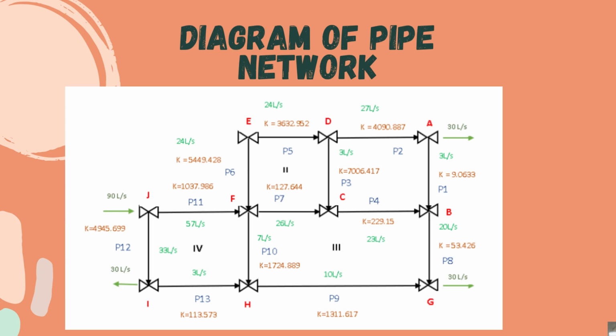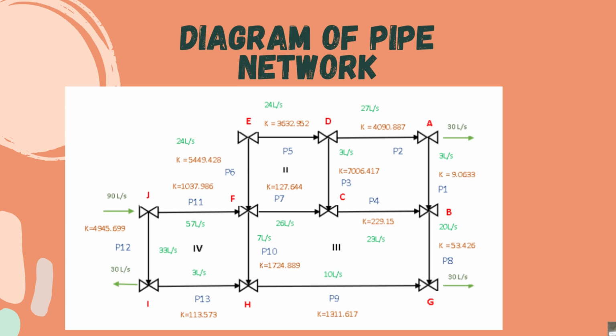This is the diagram of the pipe network for trial 1, and we fill in the outlet and inlet discharge. Assume the direction of flow distribution, fill in the K value and start the first trial. So this is the calculation for our result. We calculate the value of HF, where HF is equal to KQ to the power of n, and n is equal to 2.